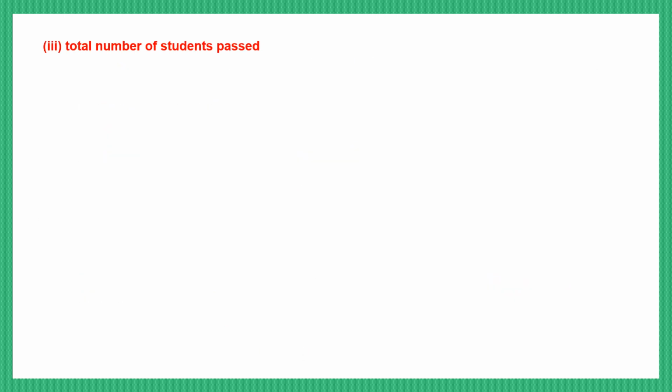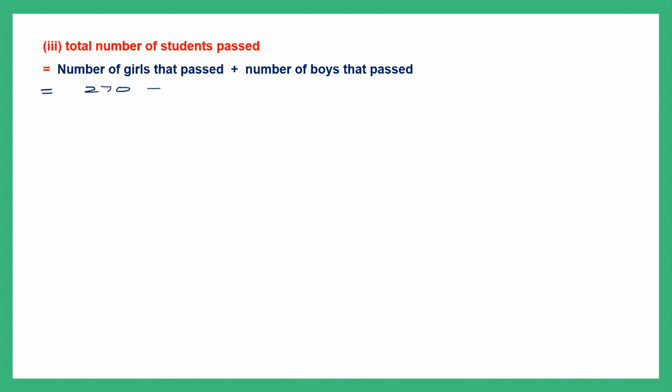Now, the third question is we have to find the total number of students that passed. That means the number of girls that passed plus the number of boys that passed. And we just found out how many girls passed and how many boys passed, isn't it? So the number of girls that passed is 270 and the number of boys that passed is 756.